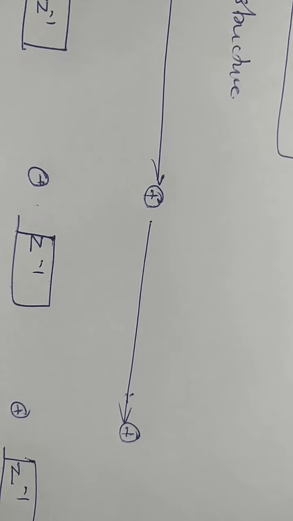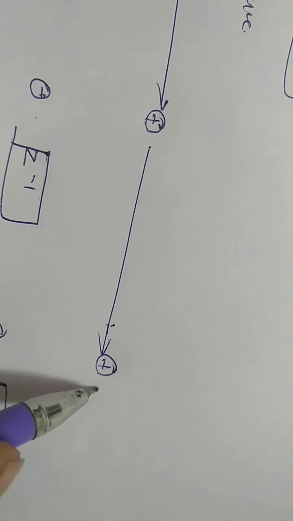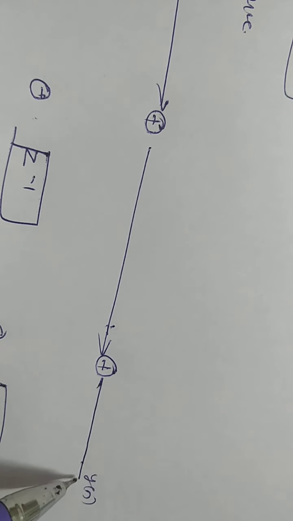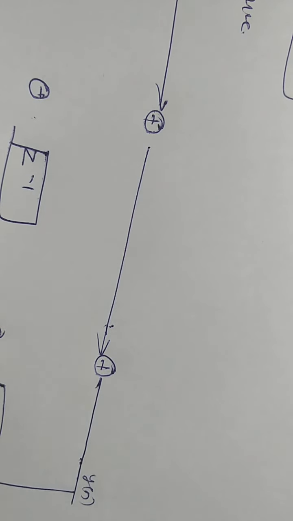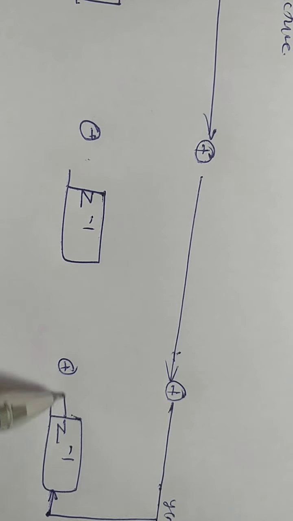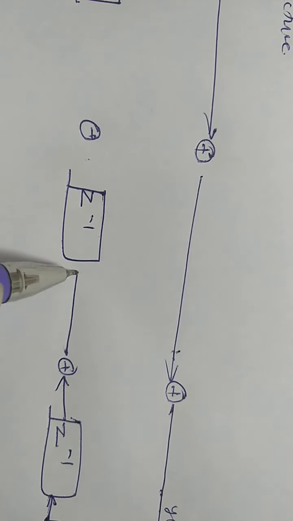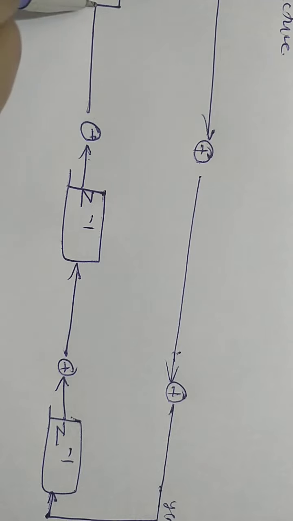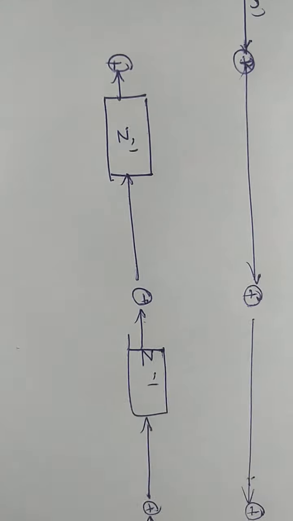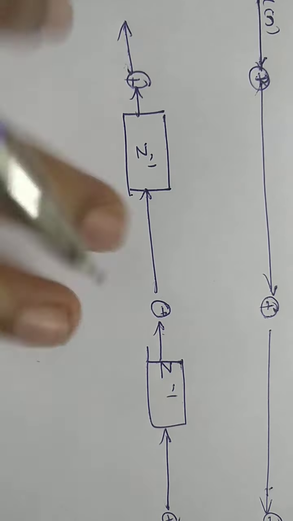Okay, this is the output y of n. Okay, then it is connected. This path is going to this direction. Okay, like this. This is in the case of an IIR filter. In an FIR filter, all paths are forward paths.